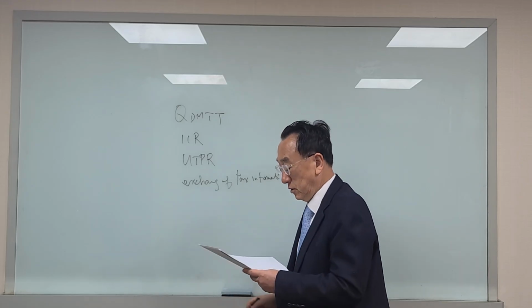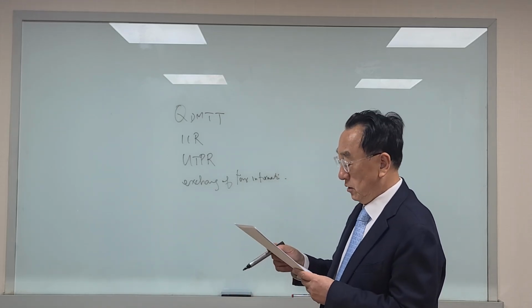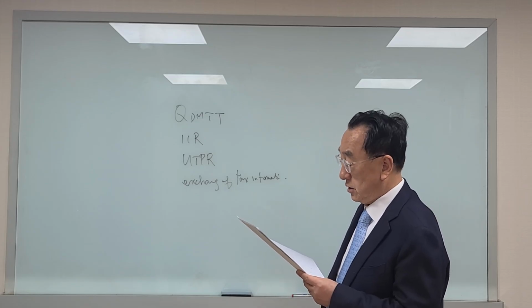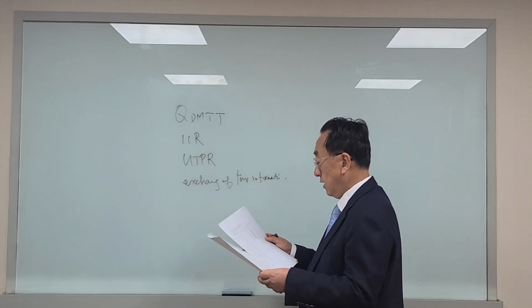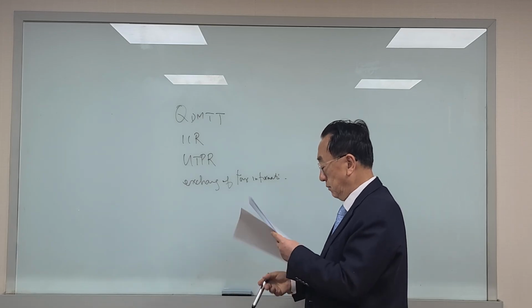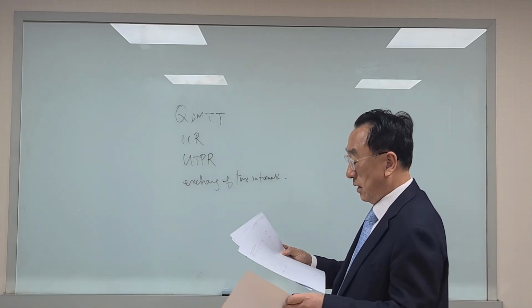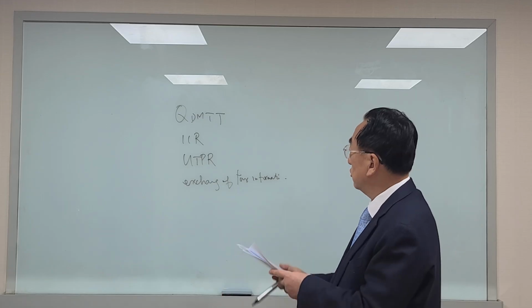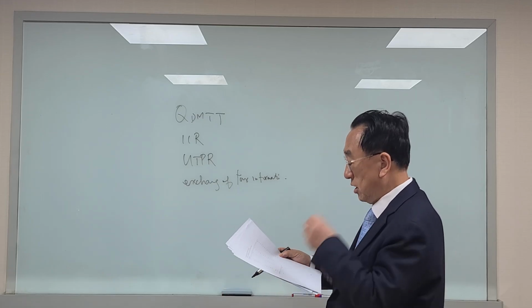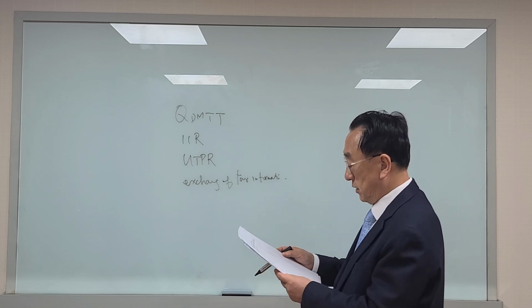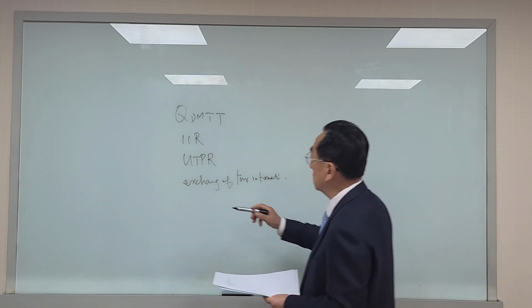So QDMTT, for instance, Spain and Germany and many other countries. IIR is Spain, Germany, and many other countries. And the UTPR, Spain, Germany, and many other countries. Exchange of tax information, Spain, Germany, and many other countries.